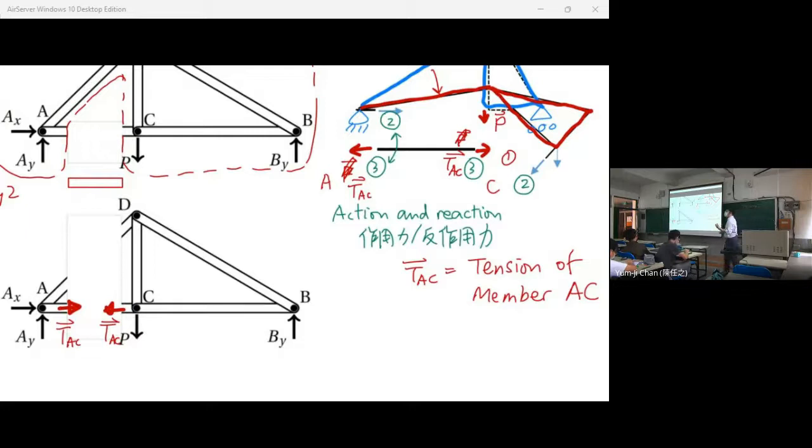We do the same thing on AD. So we take AD away, and we want to keep the same shape. How do we keep the same shape?